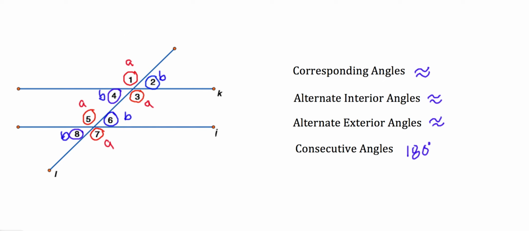We know A equals A, B equals B, and A and B are supplementary. We say add to 180 degrees.